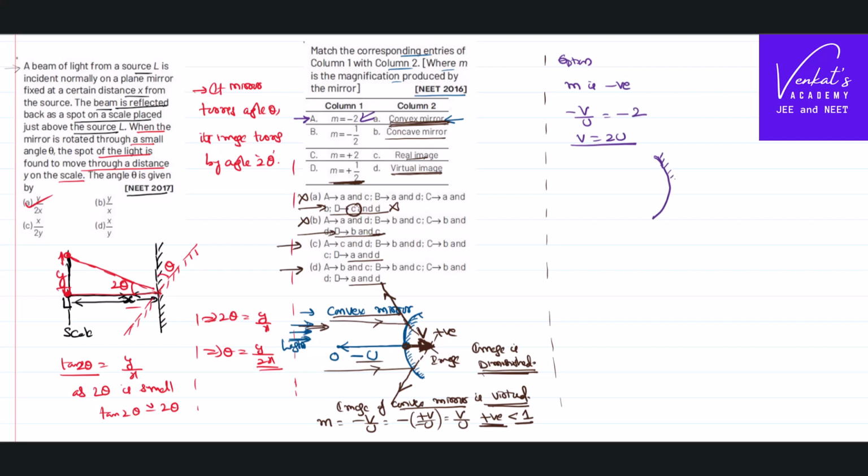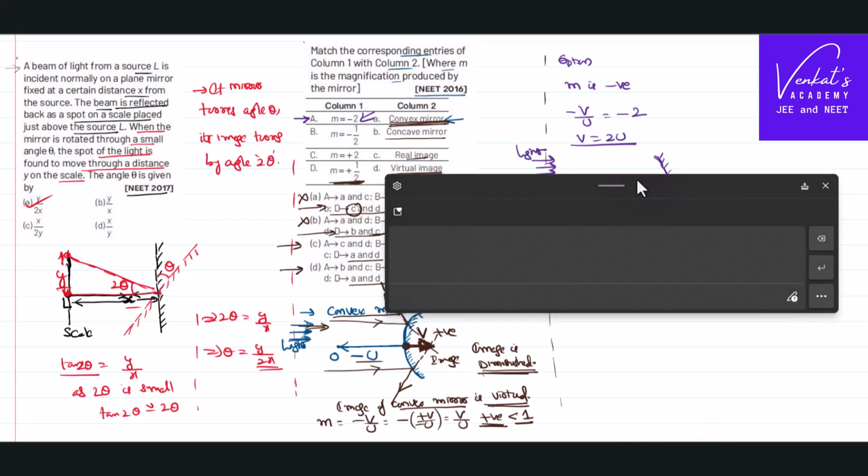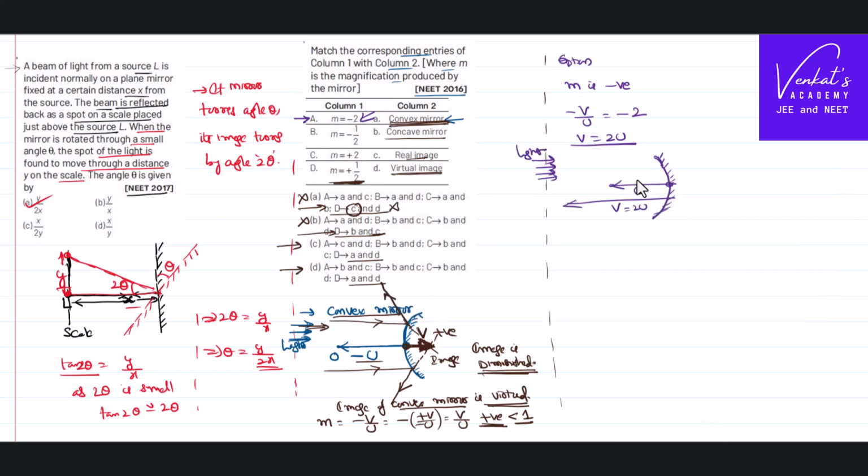So this is a concave mirror. This is U measured from the center. This is V. Image is formed at 2U. This is the direction of incident light. So U is negative because it's measured against the incident light. V is also negative because that is also measured against the direction of incident light.